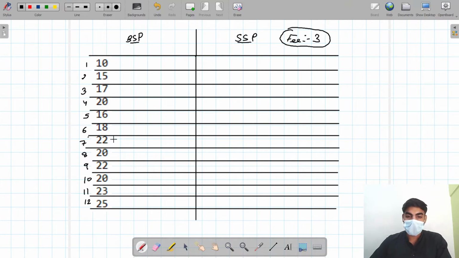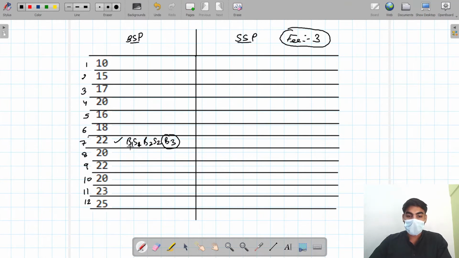Firstly we talk about buying state profit. Here you can see buy one, sell one, buy two, sell two, and buy three. So in the buying state profit we have one extra stock.